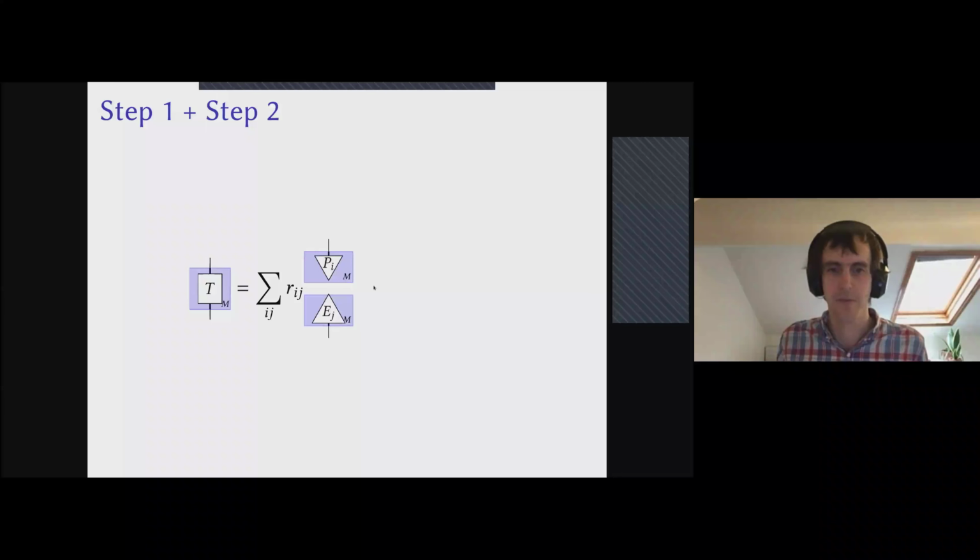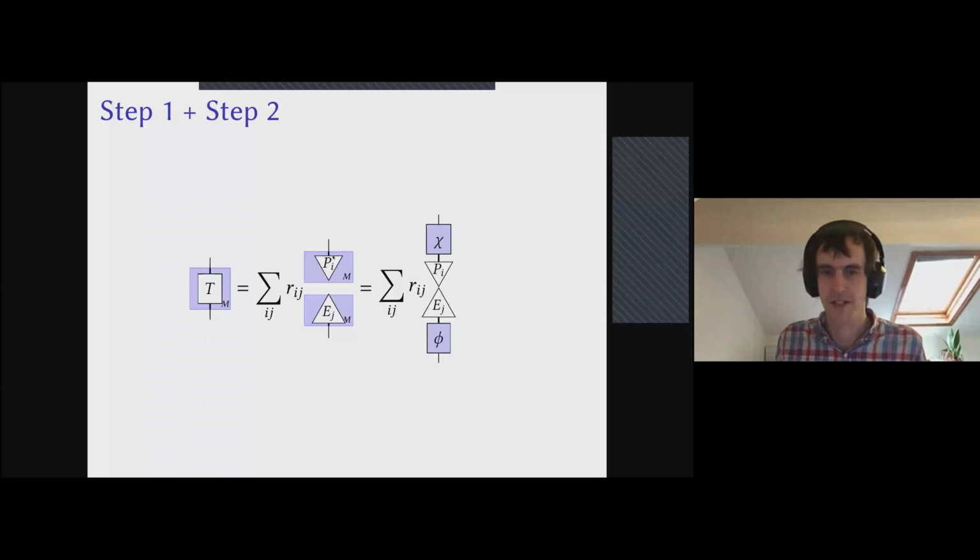Okay, so plugging what we've just done back into step 1, we have that the preparations are represented using this chi and the measurements are represented using this phi, and then we can just use the fact that this sum in here equals t. That's just by definition, this was a representation of t as a linear combination. So we can just put that back to being t. And now we're almost at what we want, except that we want chi and chi inverse here rather than these two arbitrary maps, chi and phi.